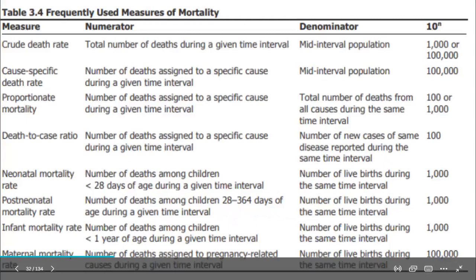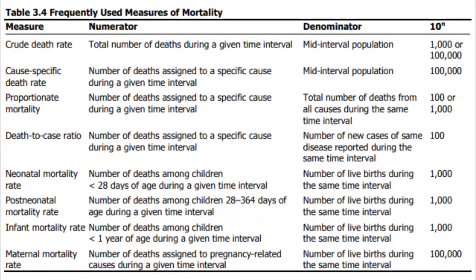So here, we have different measures of mortality, mortality indicators, which we will discuss one by one. This table summarizes the entire discussion on mortality indicators. We have crude death rate, cause-specific death rate, proportionate mortality, death to case ratio, neonatal mortality rate, postnatal mortality rate, infant mortality rate, and maternal mortality rate.